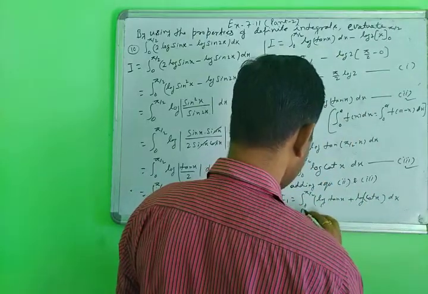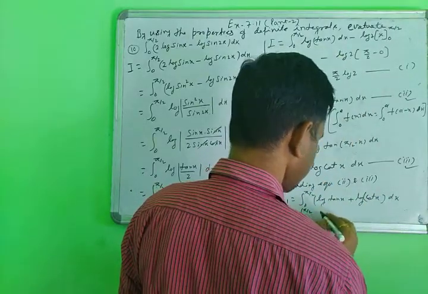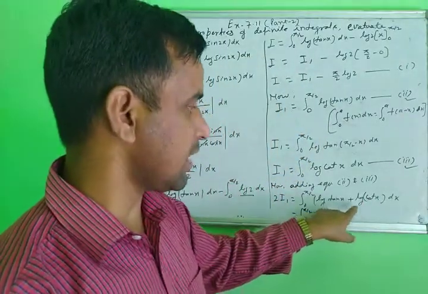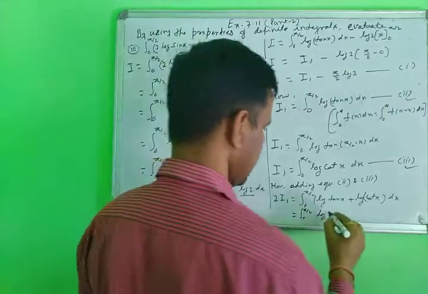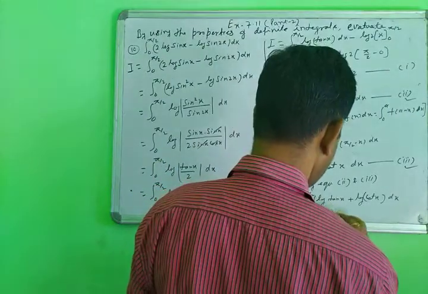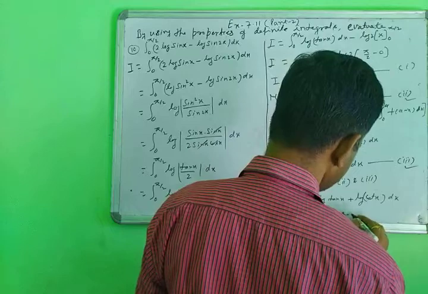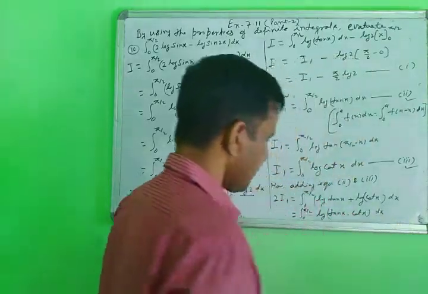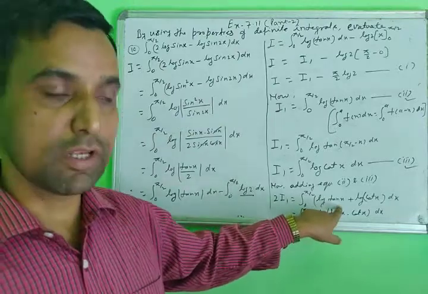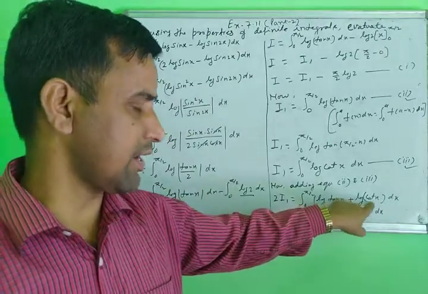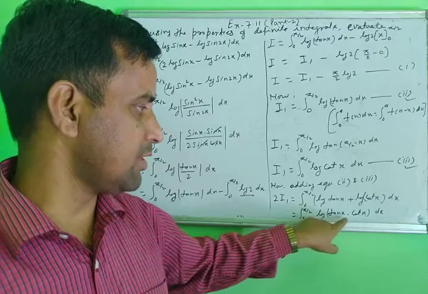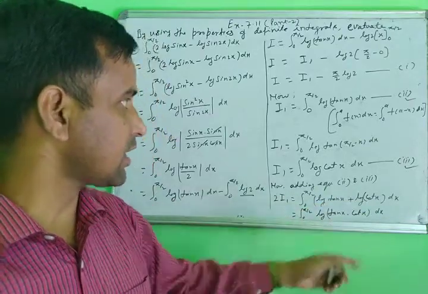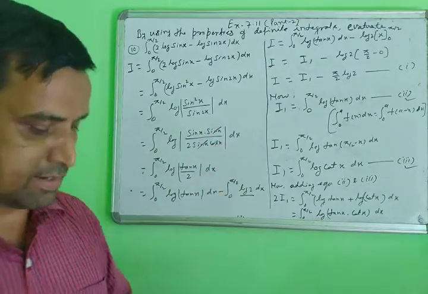After that, according to the property log m plus log n equals log of m into n, we get log of tan x into cot x. Log m into n means log m plus log n. After that you calculate, note it down, then you solve the separate part.